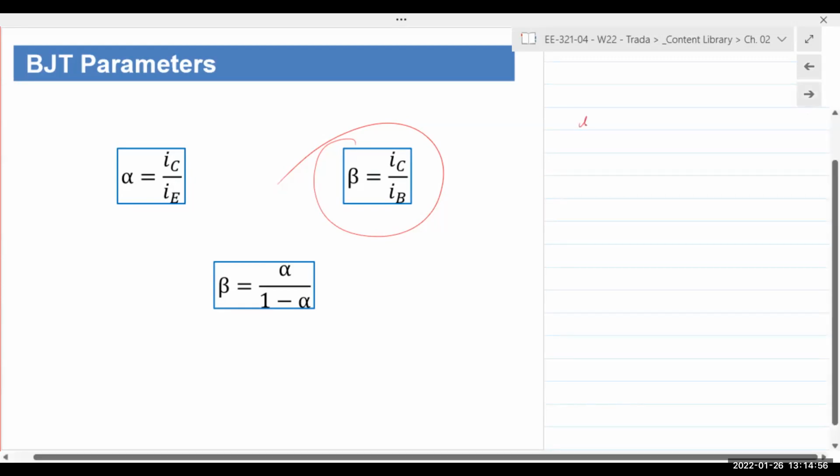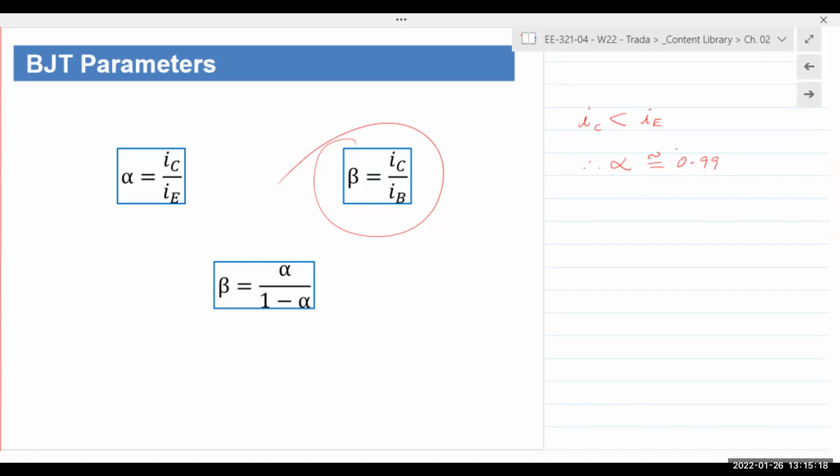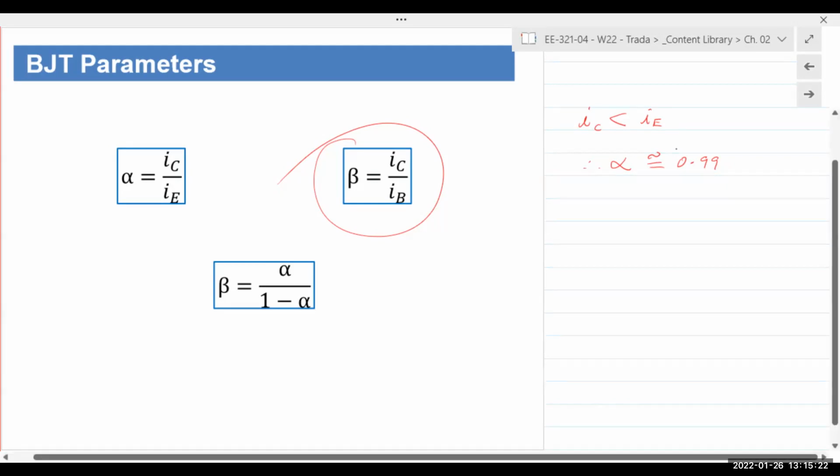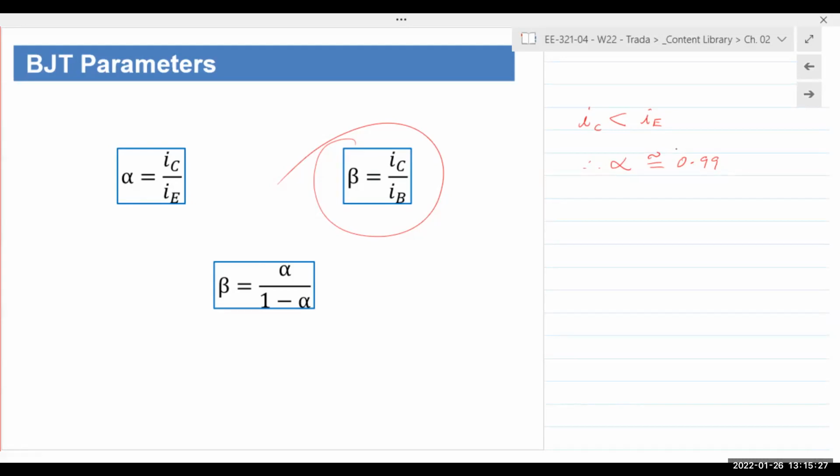Typically, IC would be just a tad smaller than IE, and so the ratio alpha is typically very close to 0.99. IB is typically measured in microamps, and IC and IE are typically in milliamps.